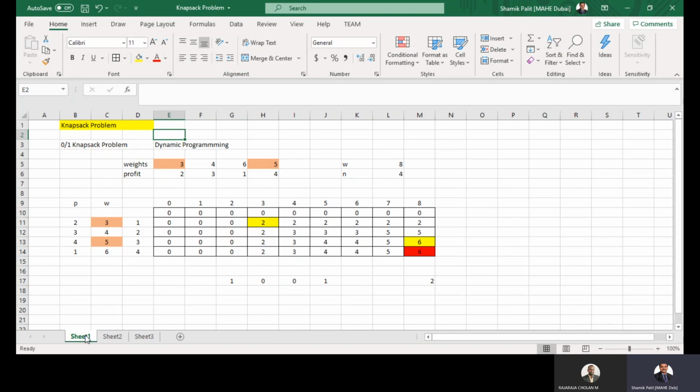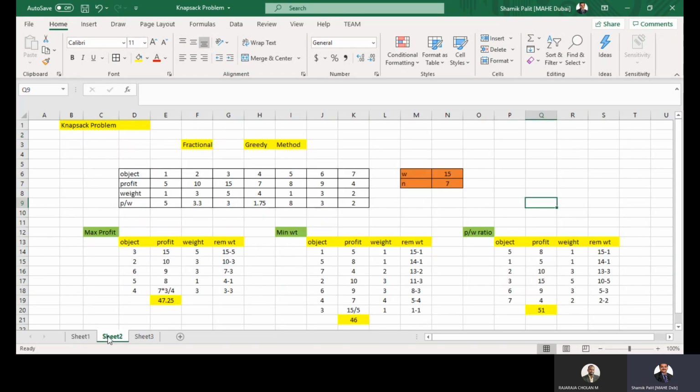So today we'll discuss another specific type of knapsack problem that is called the fractional knapsack problem. In this problem, we have the solution using the greedy method. We have already discussed the greedy method, the greedy algorithm.